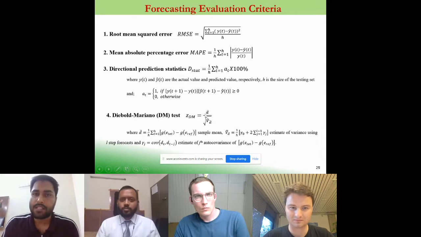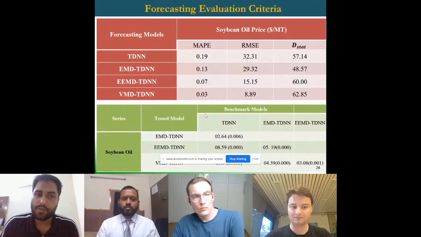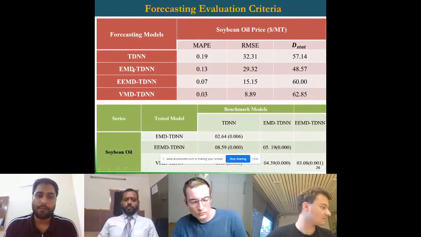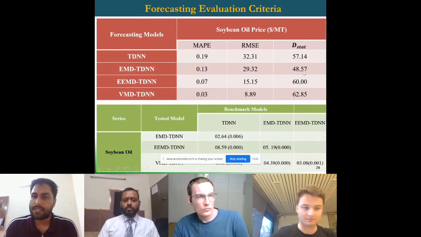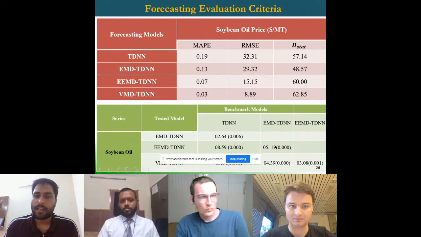After using these forecasting evaluation criteria, I used different models. First, if I use only the TDNN model, these are the RMSE, MAPE, and D-stat. If I use EMD and EEMD, these are the MAPE, RMSE, and D-stat. Whenever I use VMD, it reduces everything drastically, up to here we can say a 30% reduction.